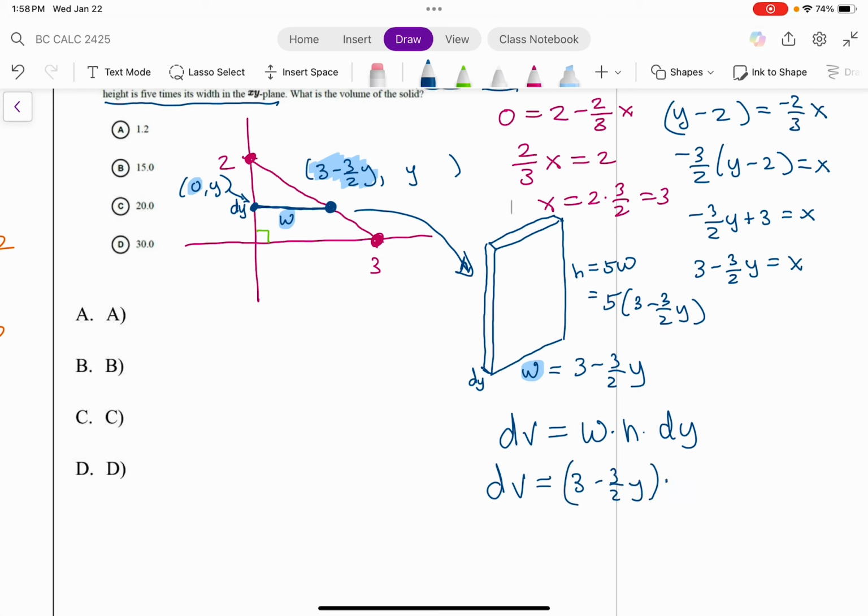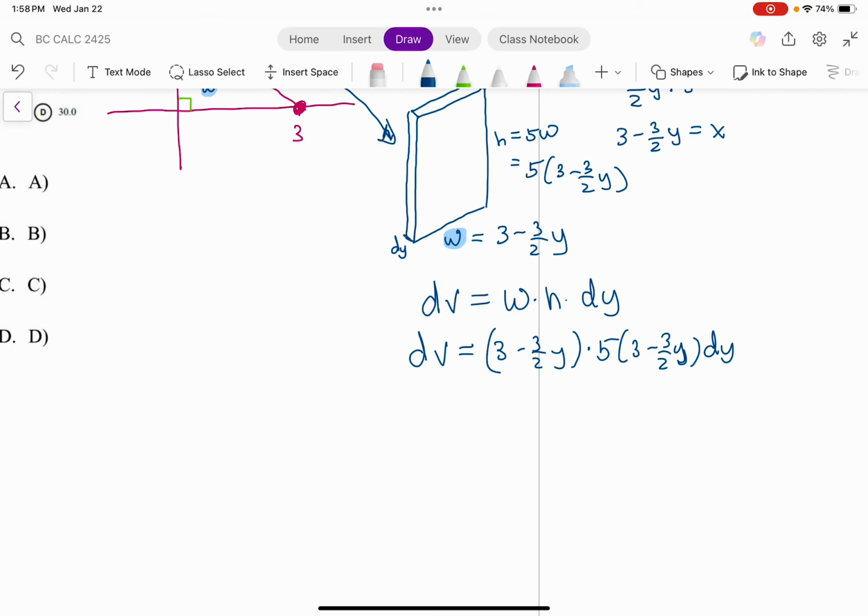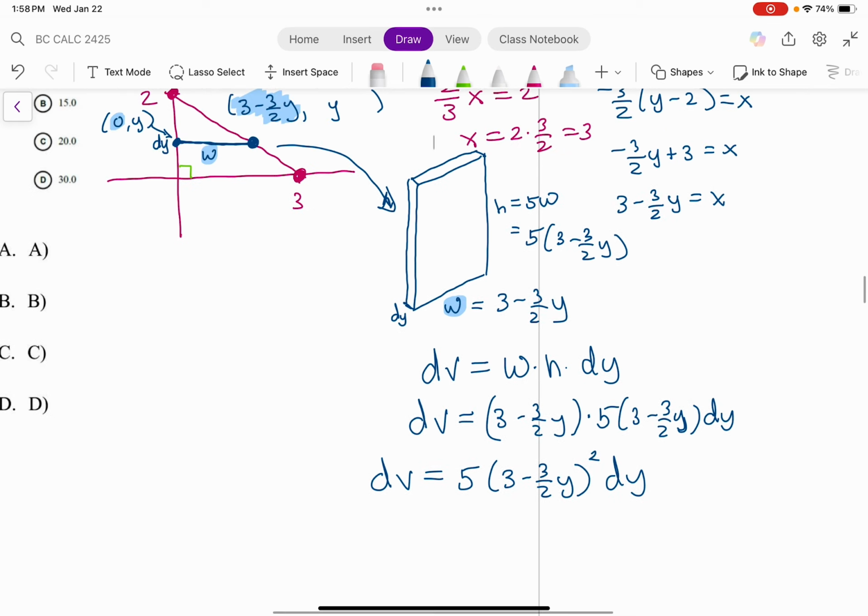My height is 5 times 3 minus 3 halves y. And then my thickness there is dy. So there are the 3 dimensions. Let's collect things a little bit. That could be written as 5 times 3 minus 3 halves y squared dy. That is the volume of this one slice we took.